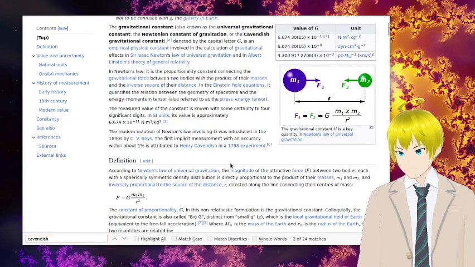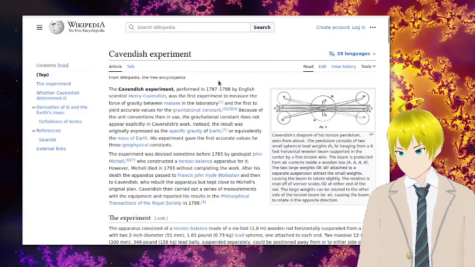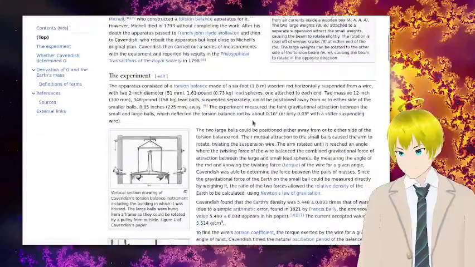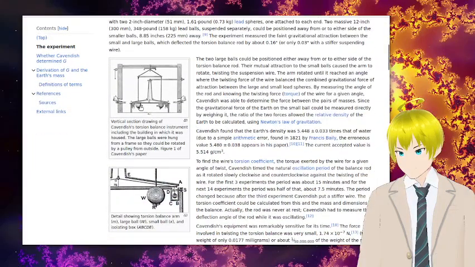So, the 1798 experiment, the Cavendish experiment. Basically you have lead balls. Here it is. You have lead balls suspended from a very thin foil of string. And that string has a spring constant of twisting, right? A spring can have a constant of stretching and compression, but it also has a constant of twisting.